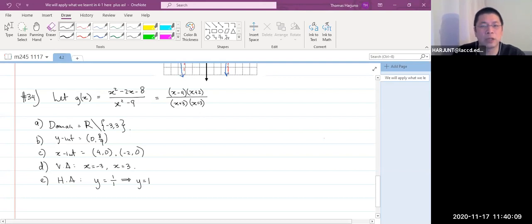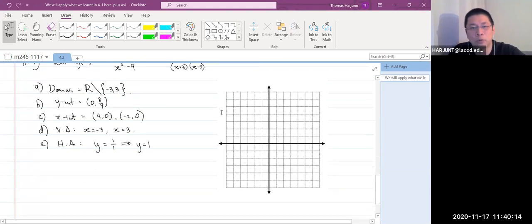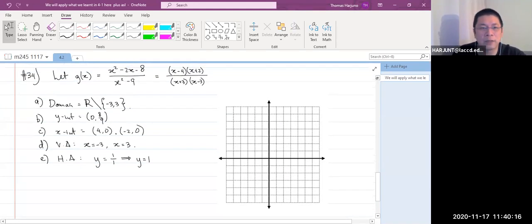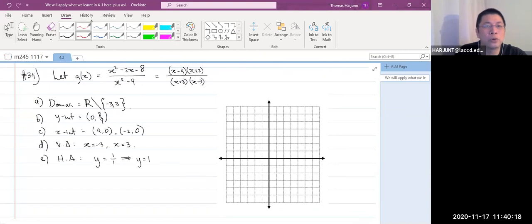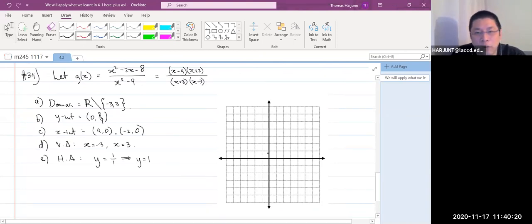Now, let's put that into a graph. We may need to put more details later on, but let's have this for now. The y-intercept is (0, 8/9), almost (0, 1). So this is the y-intercept. The x-intercepts are (4, 0) and (-2, 0).